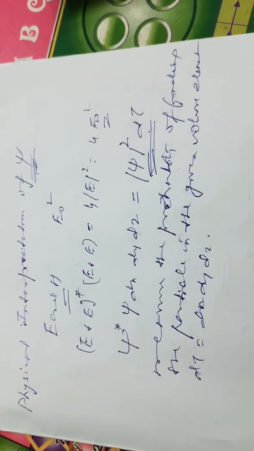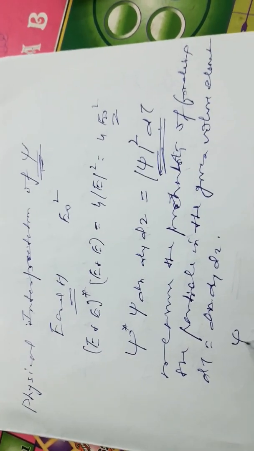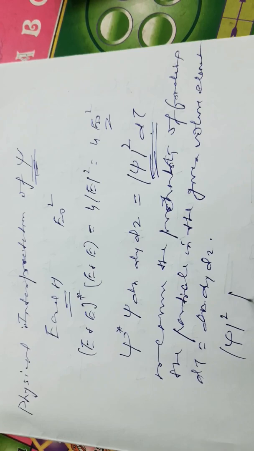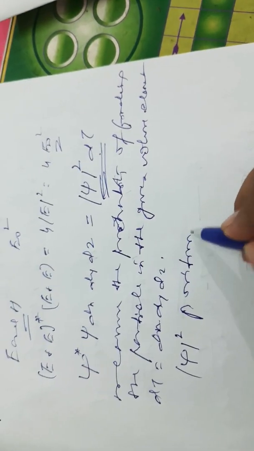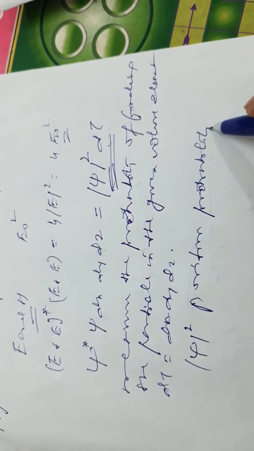So mod psi square is called the position probability density.